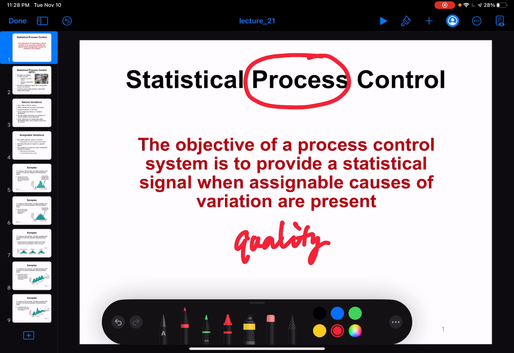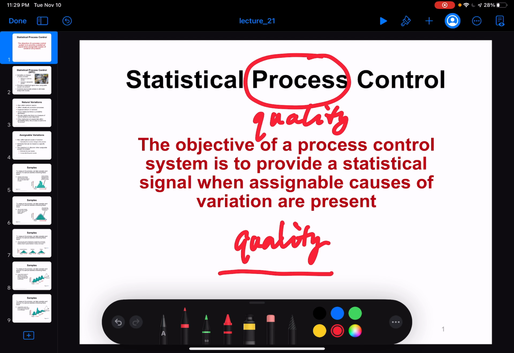But it's called process control because, in order to improve the quality, you're going to do systematic things from the beginning to the end of the entire process. You're going to find out the problems and change them.